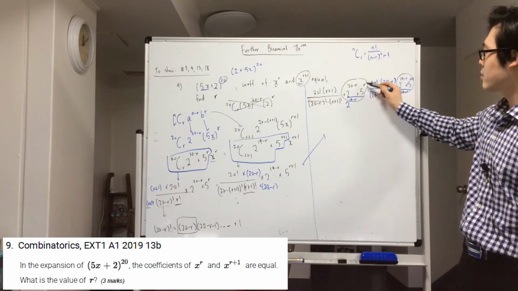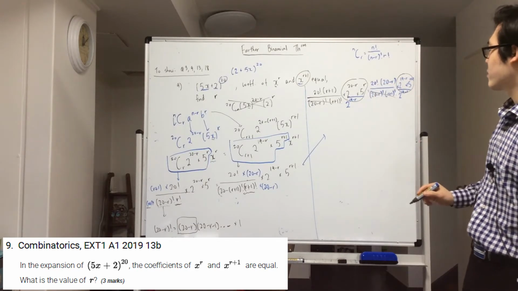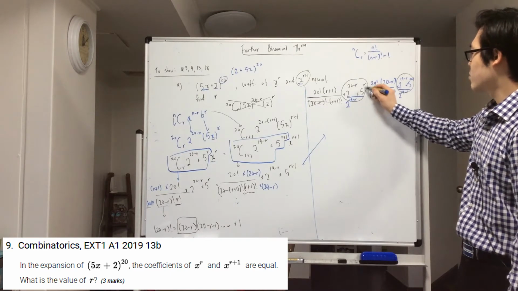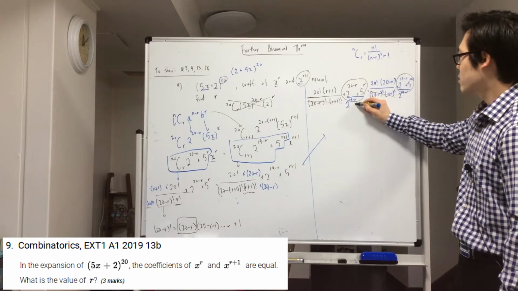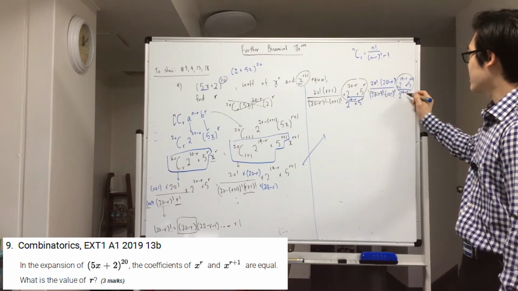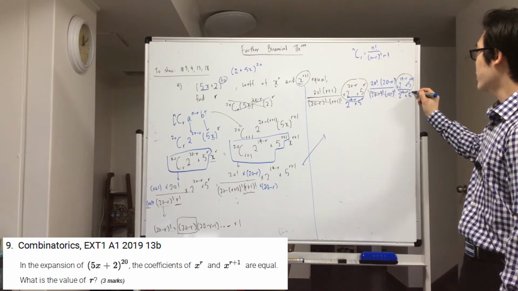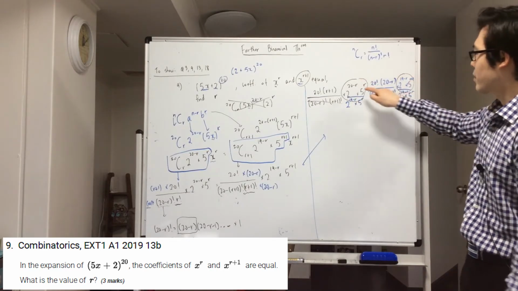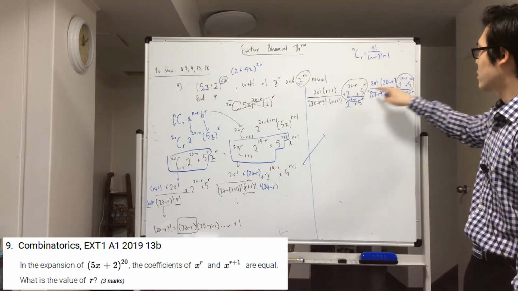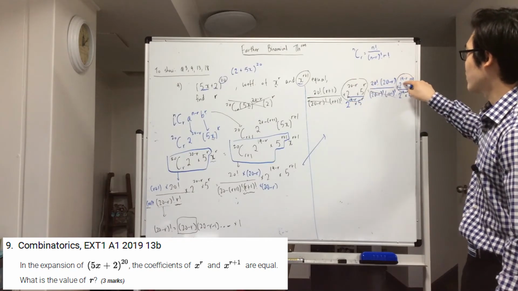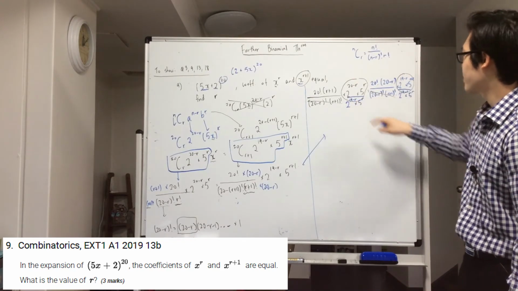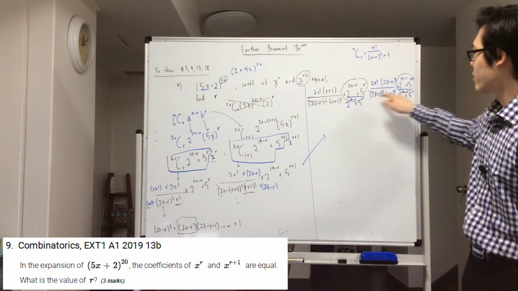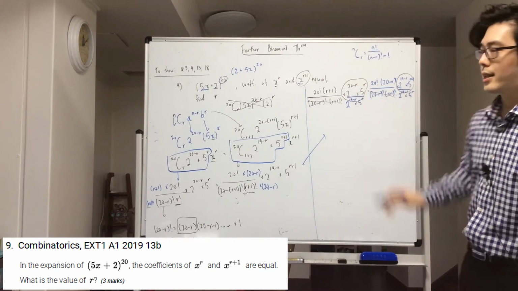Which one's bigger on this side, 5 to the power of r or 5 to the power of r plus 1? Obviously, that one's smaller, so you want to divide by that. So what I'm doing here is dividing both sides by the smaller power from each. Between these two, that one's smaller, so divide both sides by that. Between that and that, this one's smaller, so divide both of them by that. So we can simplify it as much as we can.